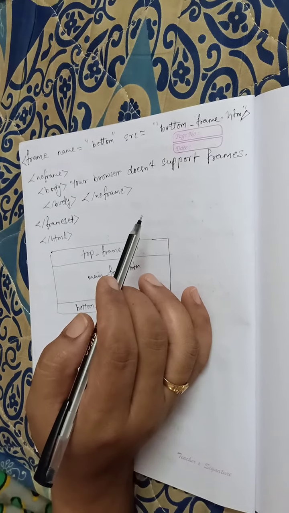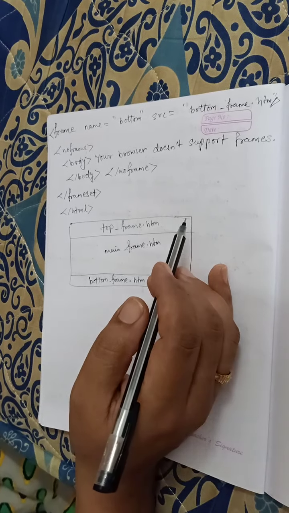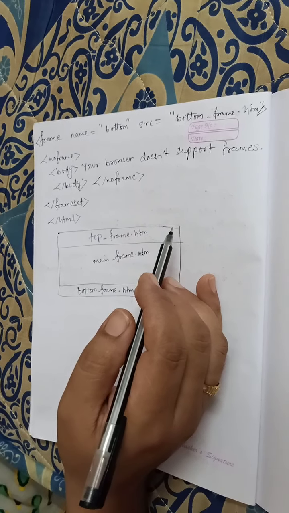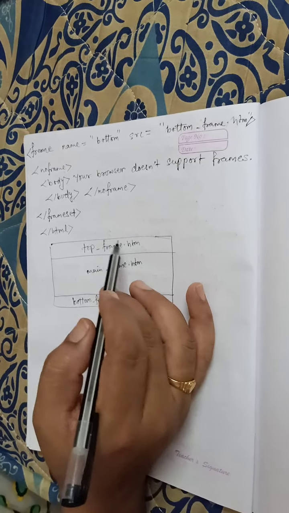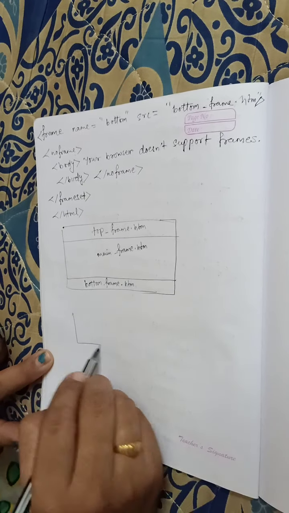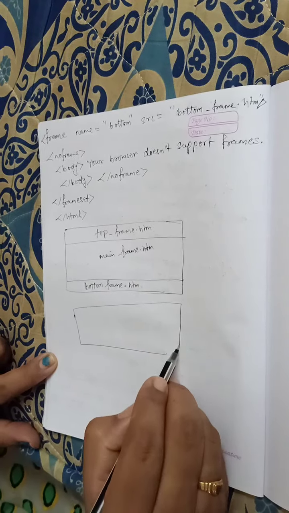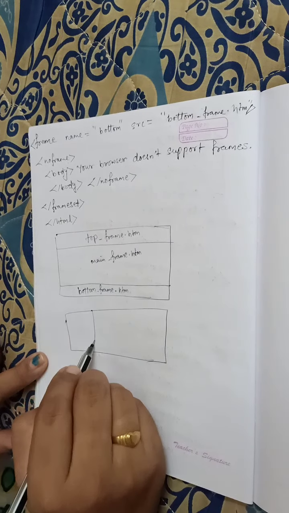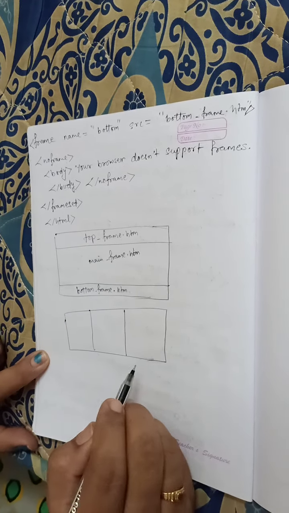Suppose I can also divide my frame. So this is what I have mentioned in a row-wise manner. I can also divide my frame in a column-wise manner.